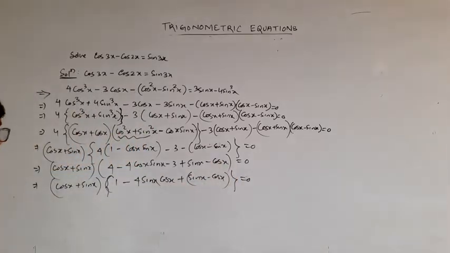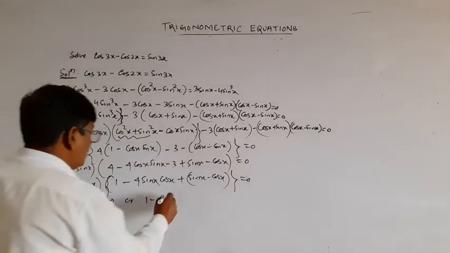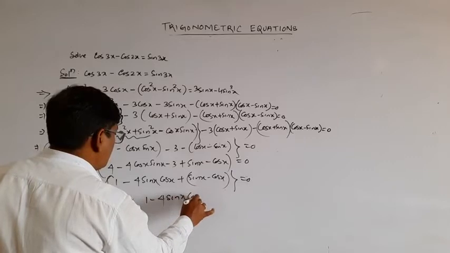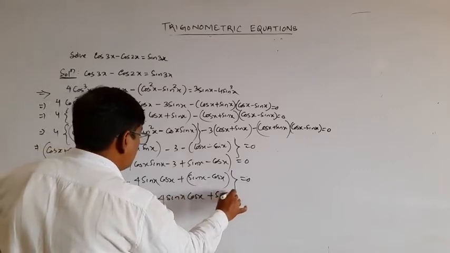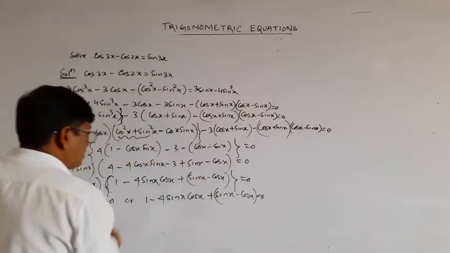Here that is what? Cos x plus sin x equal to 0, or 1 minus 4 sin x into cos x plus sin x minus cos x is equal to 0.